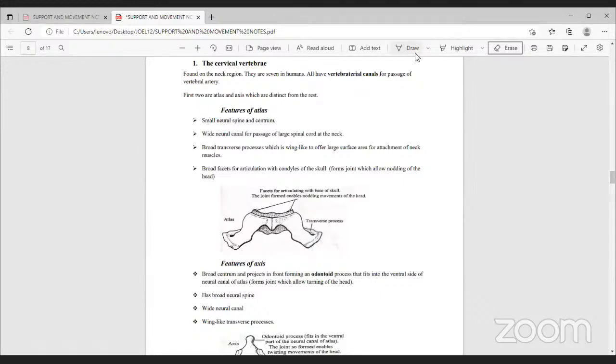This broad transverse process, at least this one here, is evident. It is broad. This one here also is broad. They have broad transverse processes, which are wing-like, with a larger surface for muscle attachment in the neck region.